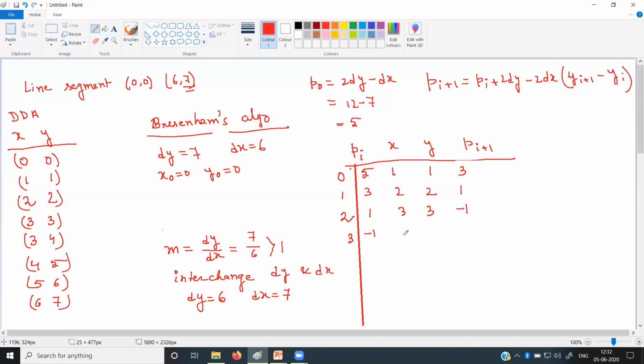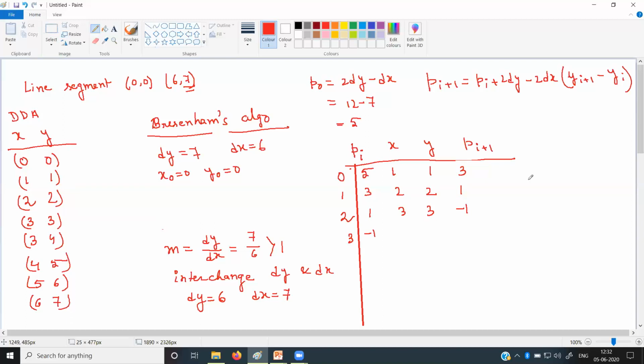As it is minus 1, it means it is less than 0. So less than 0 means, what do we have to do now? If it is less than 1, in that case, my y will be incremented by 1, but the x will stay as it is. So as you see, we have changed the role of x and y. As m is greater than 1, we have to just change the role of x and y.